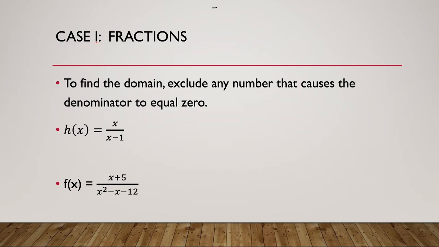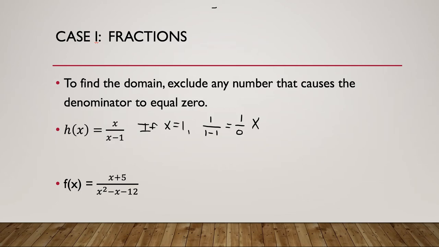For example, on our first function, x divided by x minus 1, consider what would happen if the x value was 1. So if x was 1, then you would plug in a 1 on the top and a 1 minus 1 on the bottom, which would give you 1 divided by 0, which we're not allowed to have.